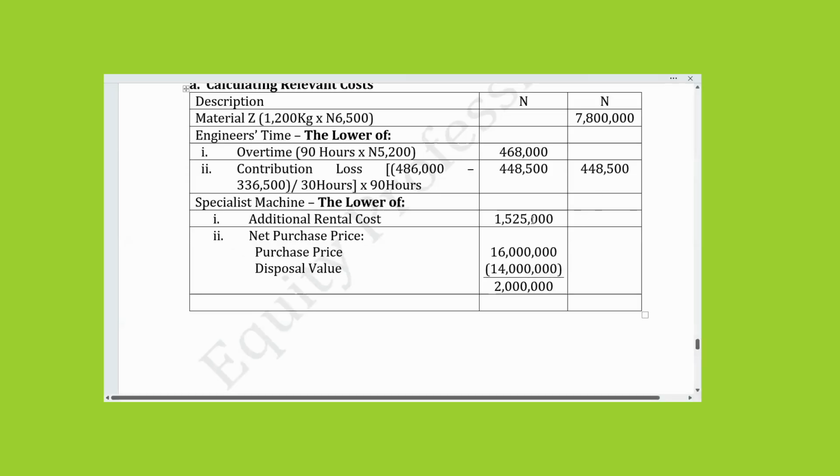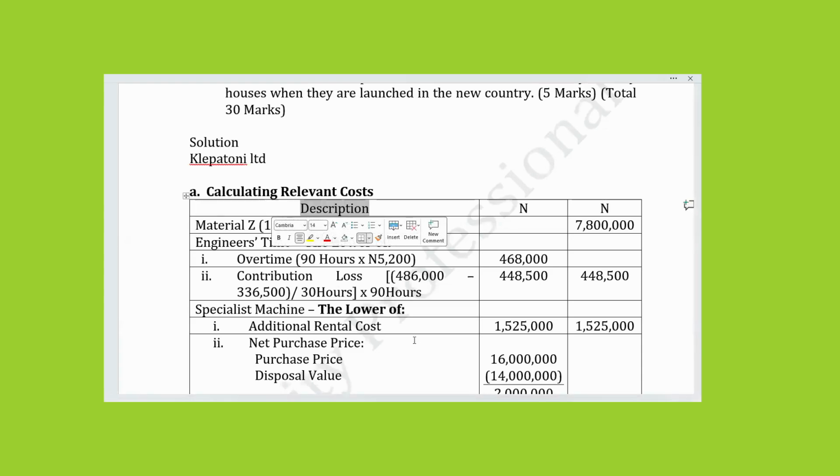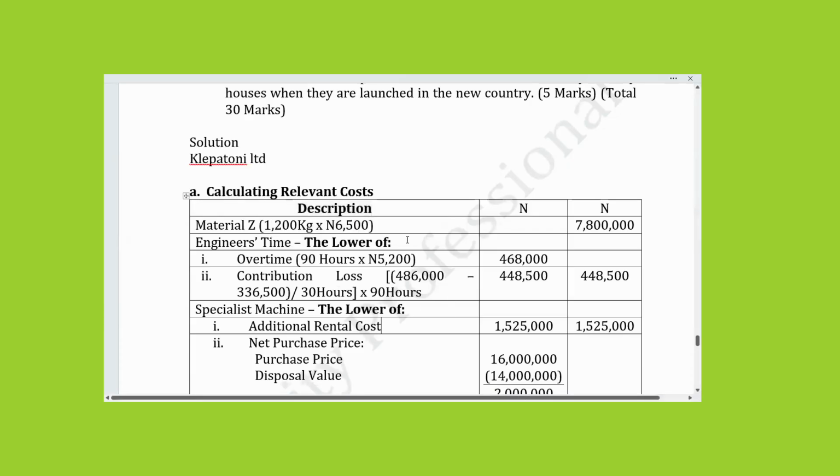So 1,525,000 naira is lower. I would then say 1,525,000. That's all. See the way we are picking it. That's what the examiner expects of you. No magic. Just understand the concepts. Okay. Next item.